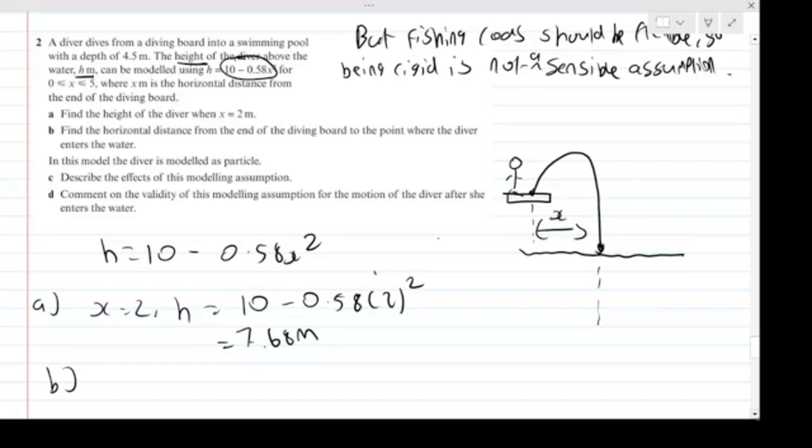So in turn, we just want to find, well, if the water is the ground level, if you will, it's the water level. There's no height. So if we want to find where the diver enters the water, we just set h to 0. So 0 equals 10 take away 0.58 x squared.